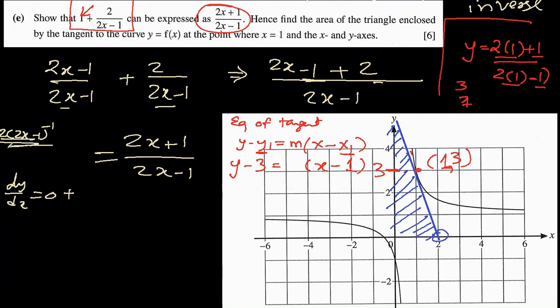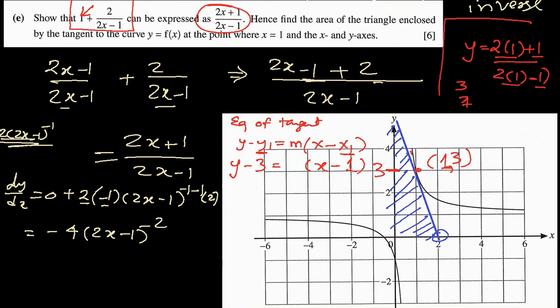So I'm going to differentiate this one. 2 is a constant, minus 1 comes in front, (2x minus 1) to the power minus 1 minus 1 again. And further we have to multiply it by the differentiation of the content, which is 2. So we get minus 4(2x minus 1) to the power minus 2.